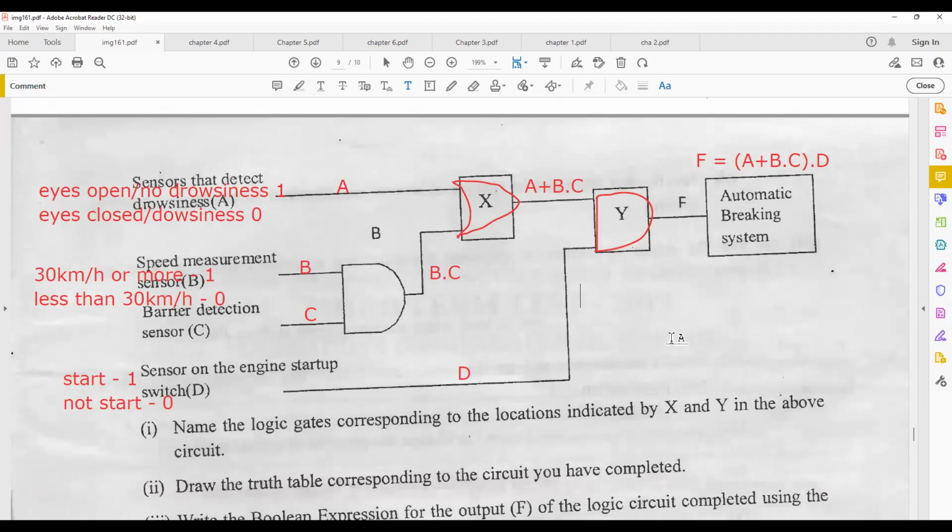So you can have A, B, C, D in the truth table.